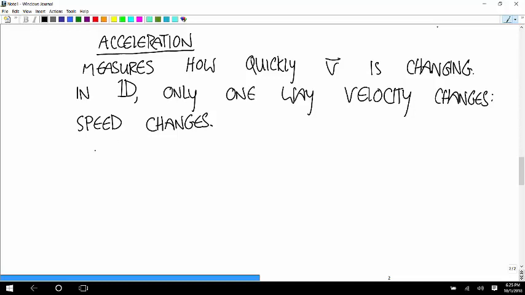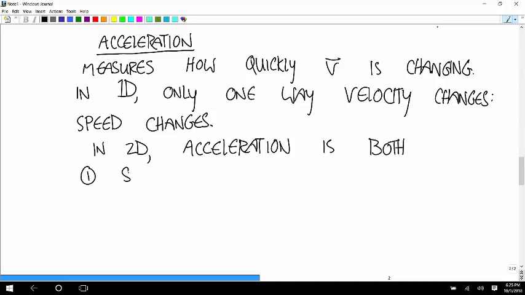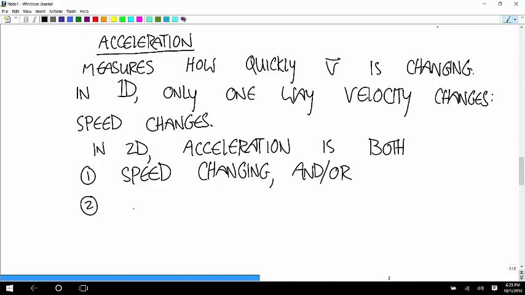So in 2D, acceleration is both speed changing and/or turning.